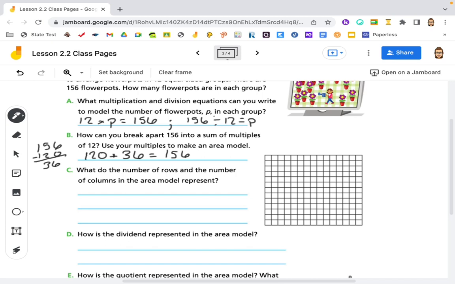So then what I'm going to do is I'm going to make a rectangle. I'm going to go down 12. I'm going to go over 10.